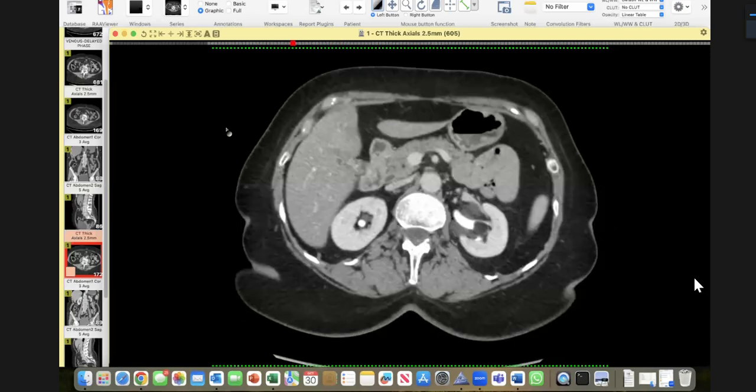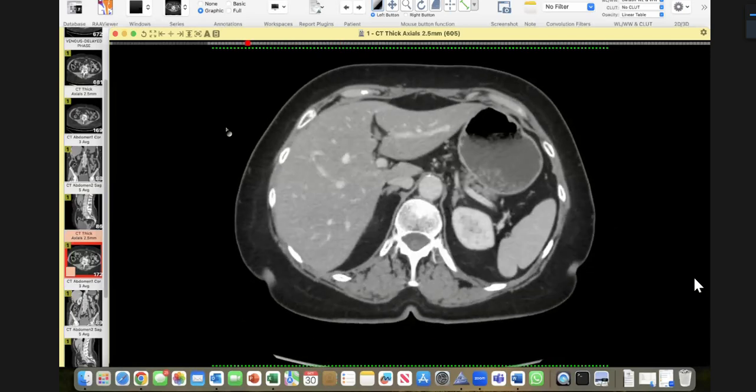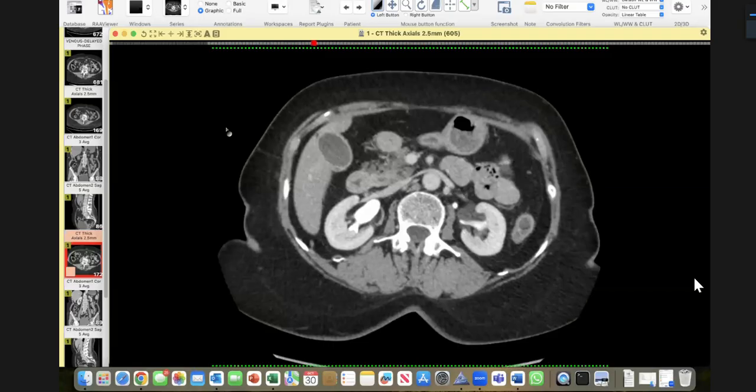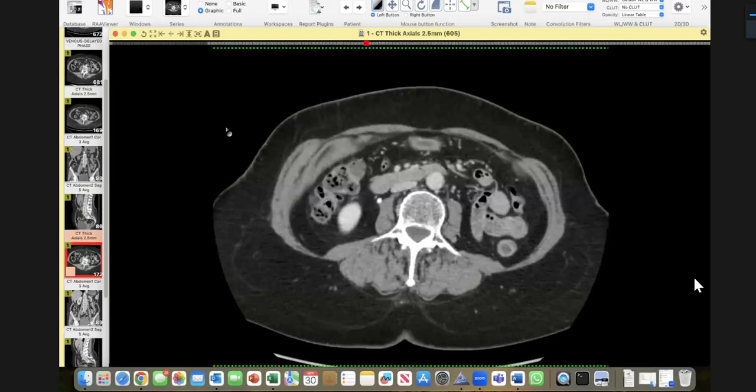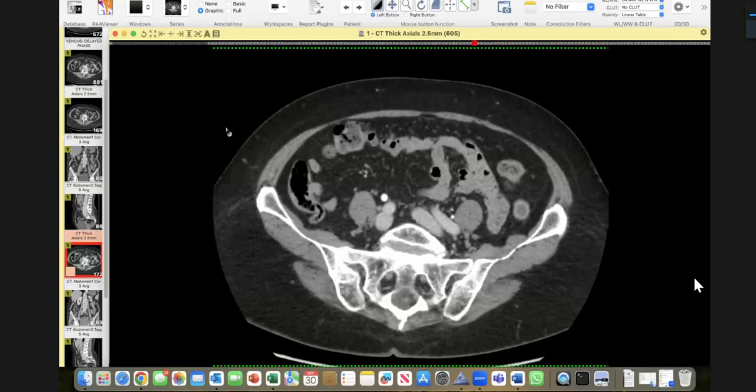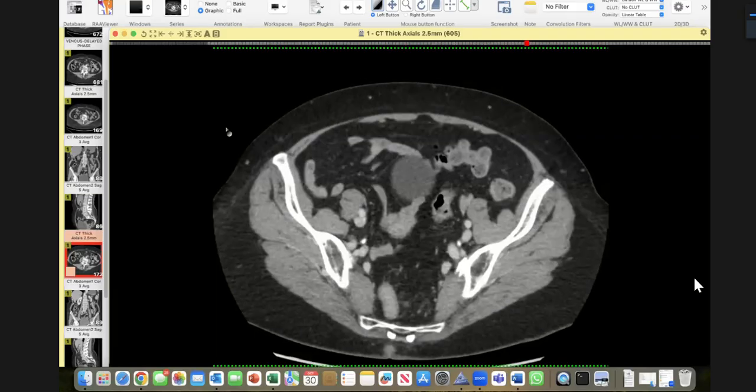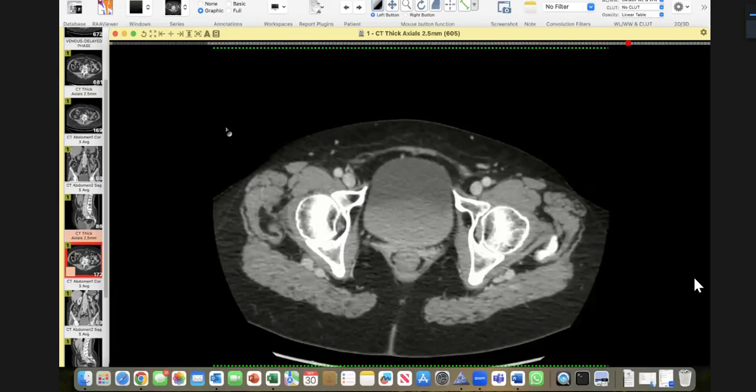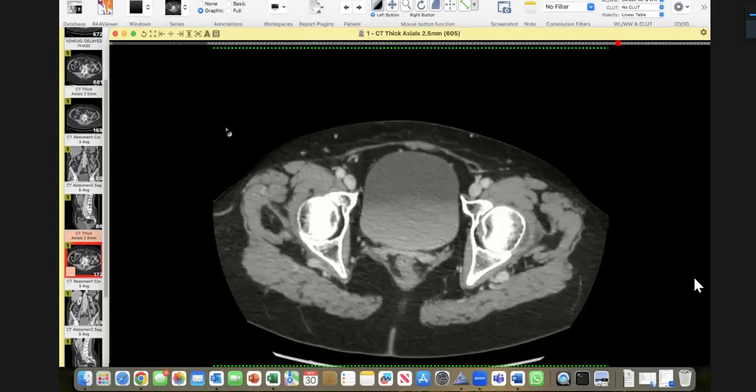The portal vein and the IVC are seen. However, there is contrast seen in the pelvicalyceal system, down the ureters till the bladder.